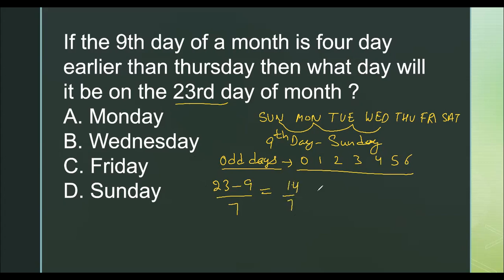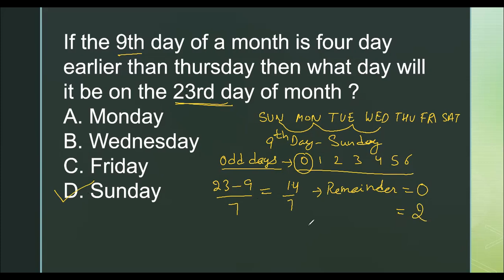So when we will divide it, its remainder is equal to 0. So 0 means same day. Ready? 0 means same day. That means 9th के बाद 23rd जो day आएगा वो भी क्या आएगा? Same आएगा as Sunday. अब suppose अगर remainder मेरे पास 2 आता, right?